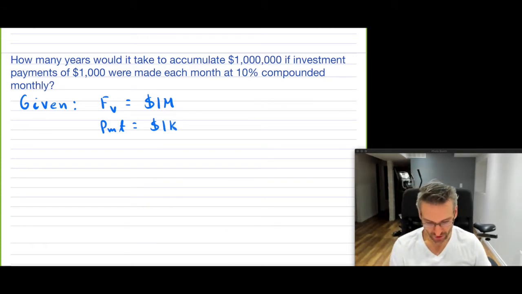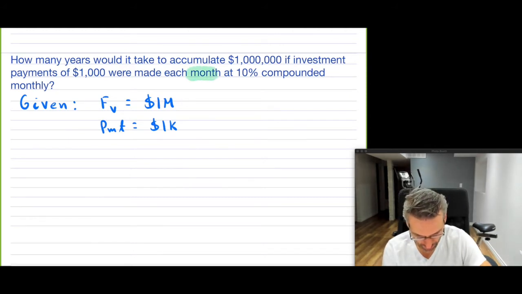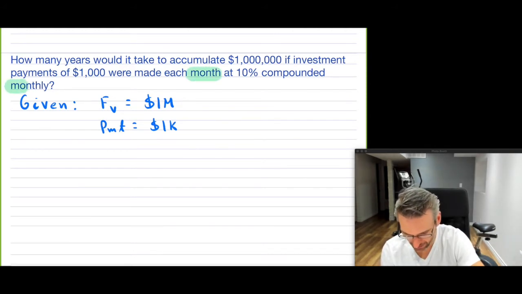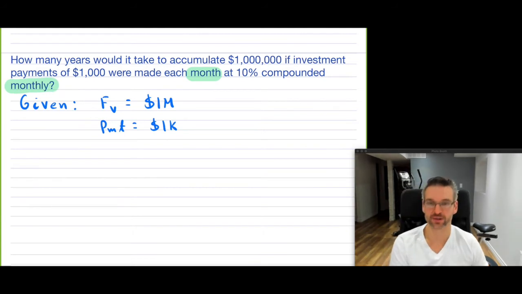Now our interest is 10% compounded monthly, and our payments are also $1,000 per month. So notice that this is per month and we're compounding monthly. So indeed it is an ordinary simple annuity. All right. So that's what we will make the assumption on.